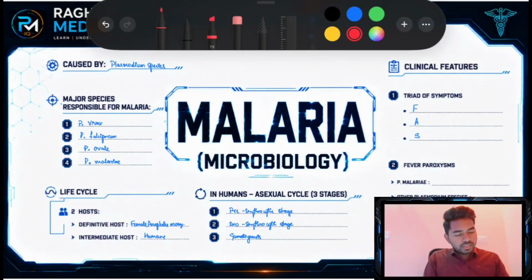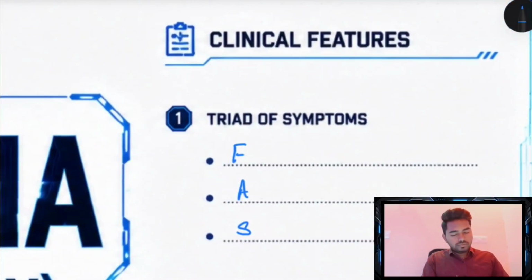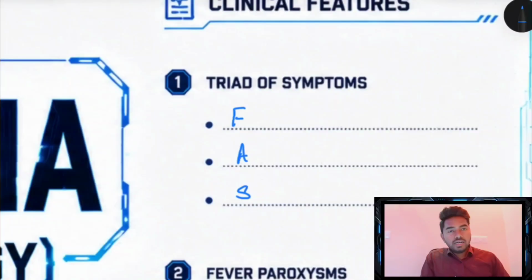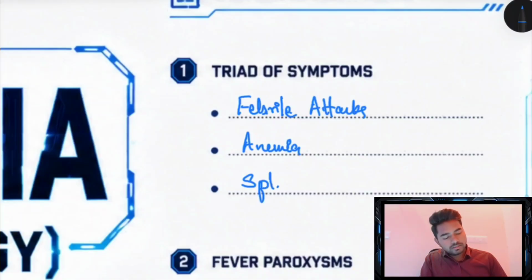Next, coming to the clinical features. We have a triad of symptoms. You should remember this mnemonic fast. F is febrile attacks. A is anemia. S is splenomegaly.